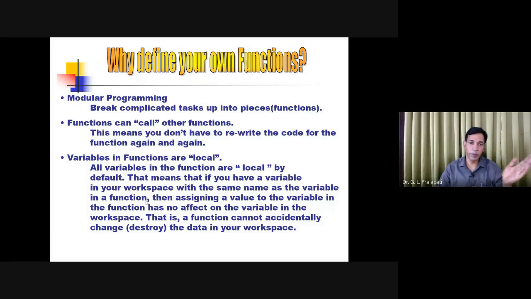It means you have a big program and you want to divide it into smaller modules, and for the smaller modules you write functions. For your project work or research work, one module may be visualization. You want to visualize the data, so you can create one function that will visualize the data.